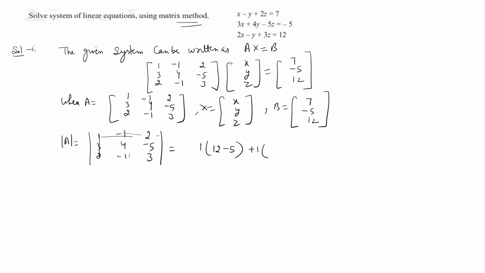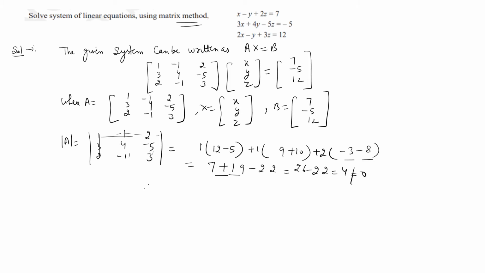I am expanding through row number 1. So it is 9 plus 10 plus 2 into, this is minus 3 and minus 8. So this becomes 7 plus 19 and minus 22. And this result is 26 minus 22, that is 4, which is not equal to 0.